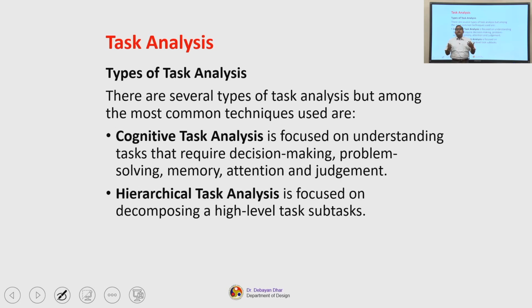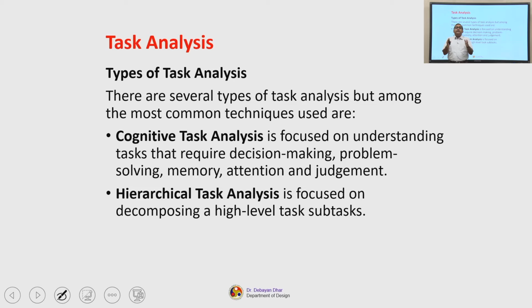Let us now discuss the various types of task analysis that can be done. So, basically there are two types of task analysis. One is cognitive task analysis, the other one is hierarchical task analysis. Now, what is cognitive task analysis?